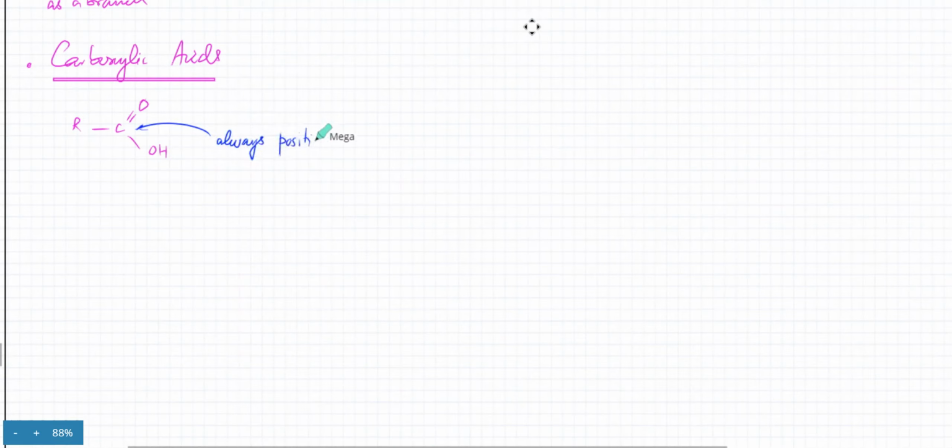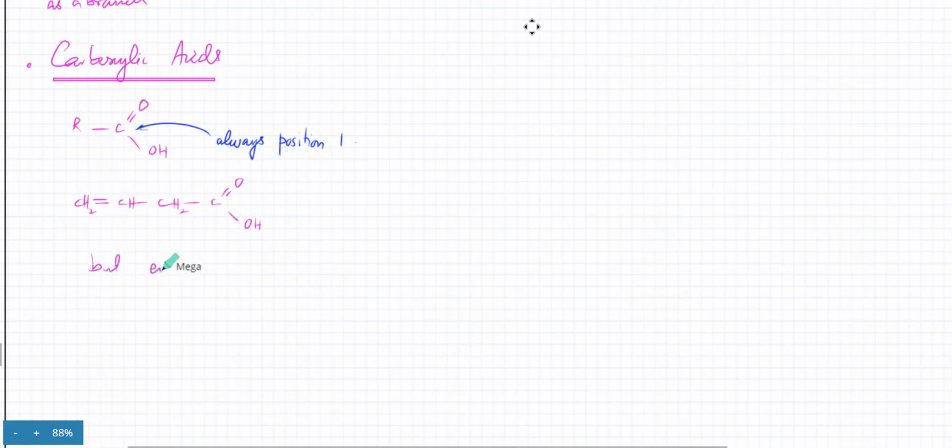Whenever you see a carboxylic acid, it's always position 1. So whenever you see a carboxylic acid, let's say there's a double bond, and this is 2 hydrogens, this would have 1 hydrogen, and there would be 2 hydrogens over here. So this one is but-.